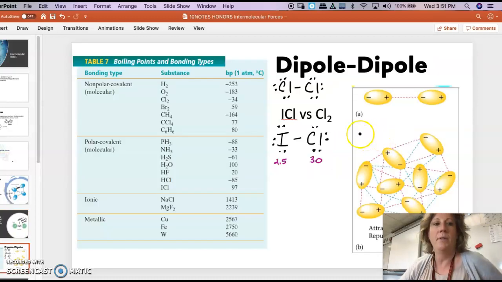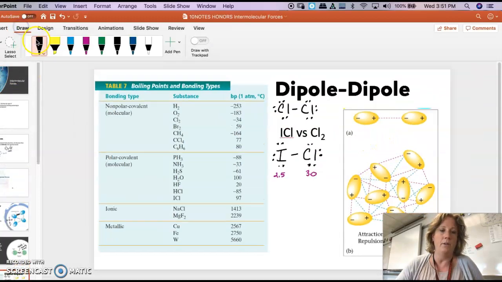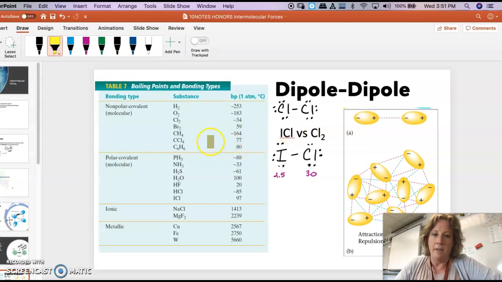Dipole-dipole is interesting because you can look at what effect it has. For example, if I look on this chart, which is in your book, at chlorine, it would not have dipole-dipole because there's no permanent polarity. It would be a nonpolar molecule.